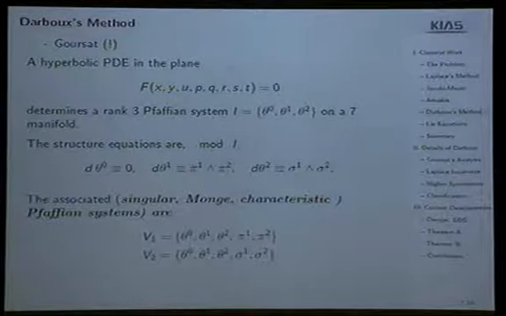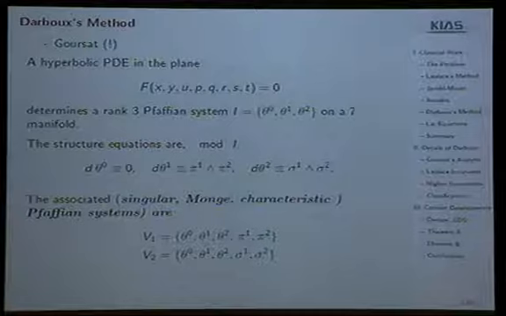Okay, so associated to any hyperbolic PDE, there are additional Pfaffian systems that you get by taking the three original forms you started with, theta 0, theta 1, and theta 2, and you can add in these two forms, pi 1 and pi 2, to get one characteristic system, or you can add in sigma 1 and sigma 2 to get another characteristic system. And this is rather confusing.